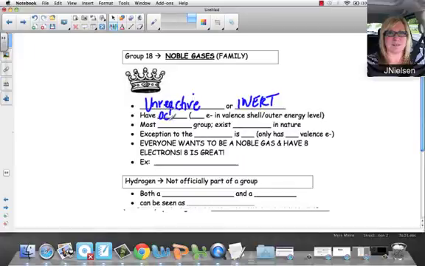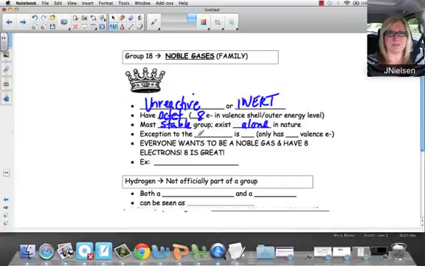They already have an octet, which is 8 electrons in their valence shell. They're the most stable group on the periodic table, and they basically exist alone in nature. They don't want anything from anyone, they don't want to give up, they don't want to gain.